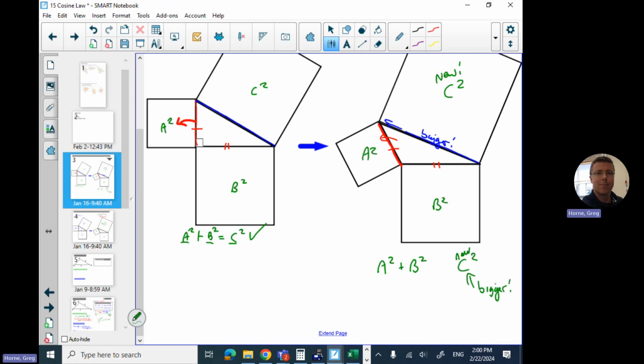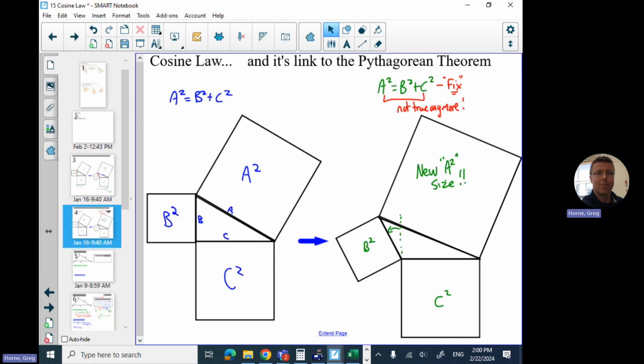So you can tell that this isn't equal anymore. You have to deal with that if you want to use it. So this is not equal anymore, it's bigger. So cosine law is going to use that.